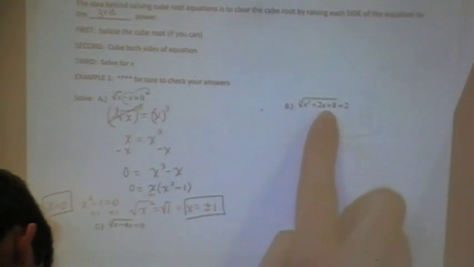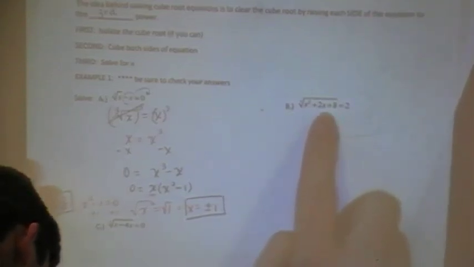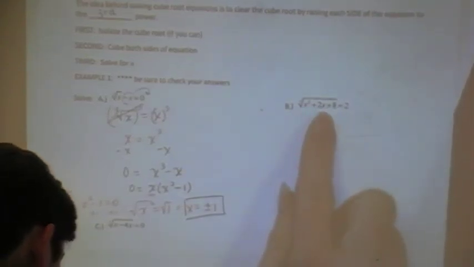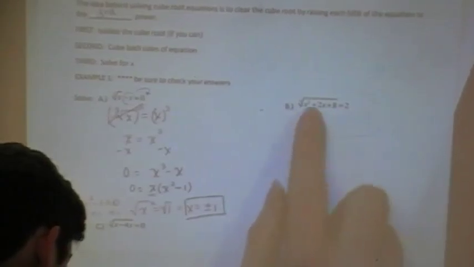Alright, B. Following step by step, the first step up here says, isolate the cube root if you can. My cube root is already isolated, because all those numbers are underneath it. So there's nothing I can do about any of that, it's all grouped together. So I'm going to move on to the second step, which says cube both sides.